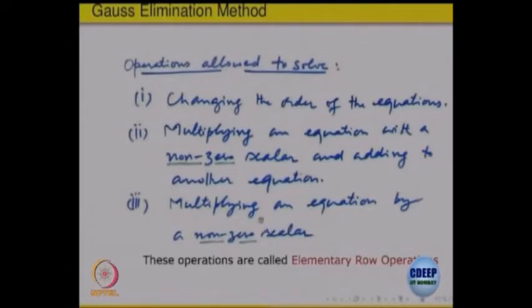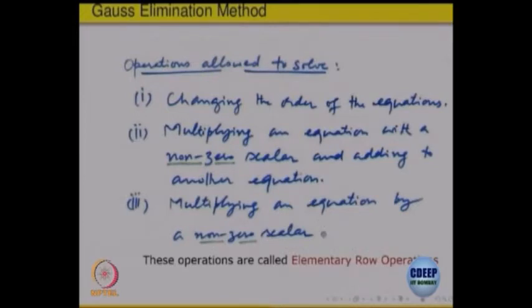And thirdly, if you multiply an equation by a non-zero scalar, you are only scaling both sides equally, so the solution does not change. An important thing here is that it should be a non-zero scalar. These 3 types of operations on the equations are called elementary row operations.